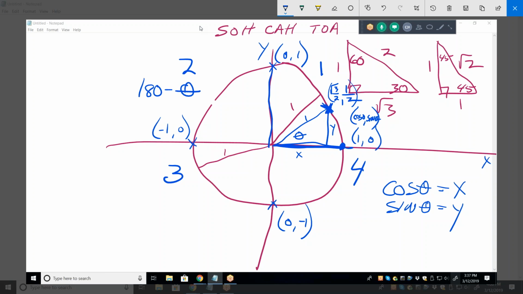So if I said to you, what is the sine of 135 degrees? And I tell you, a really good way to do this is this way, where you put parentheses, and using this formula right there, what is the equivalent first quadrant angle? Tell me what the sine of 45 is.